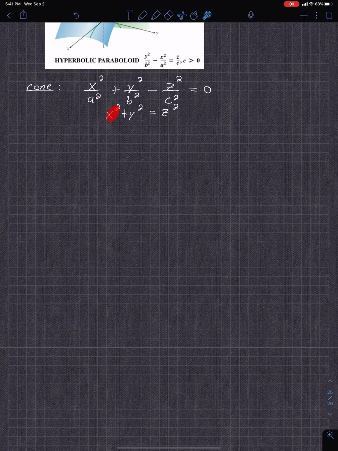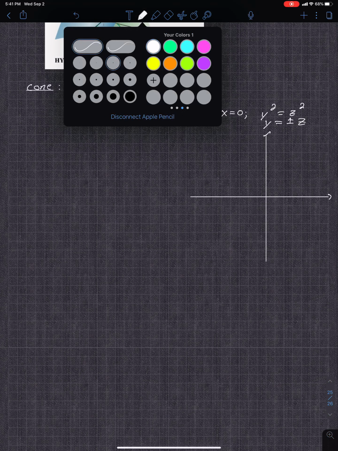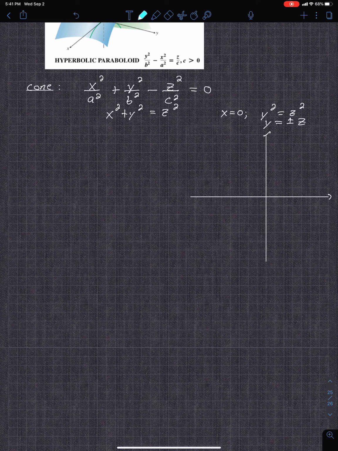If x equal to 0, then we have y squared equal to z squared, or you can rewrite that as y equal to plus or minus z. So those are lines in the yz plane. If we drew the yz plane like this, you're getting the plus case and the minus case.